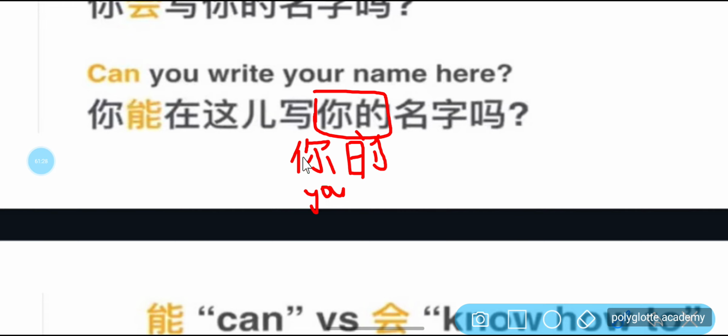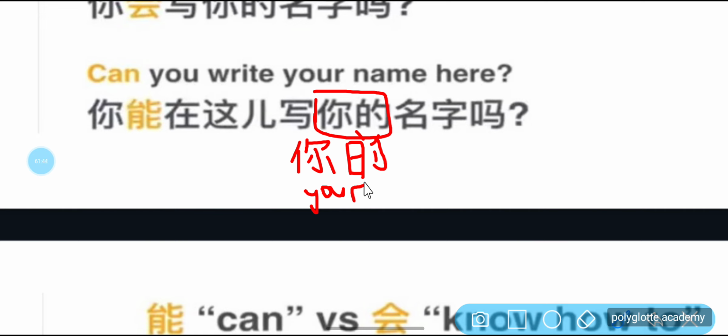The character 你 means you, and the de makes it possessive. It gives the right to your. So this one gives the right to your.